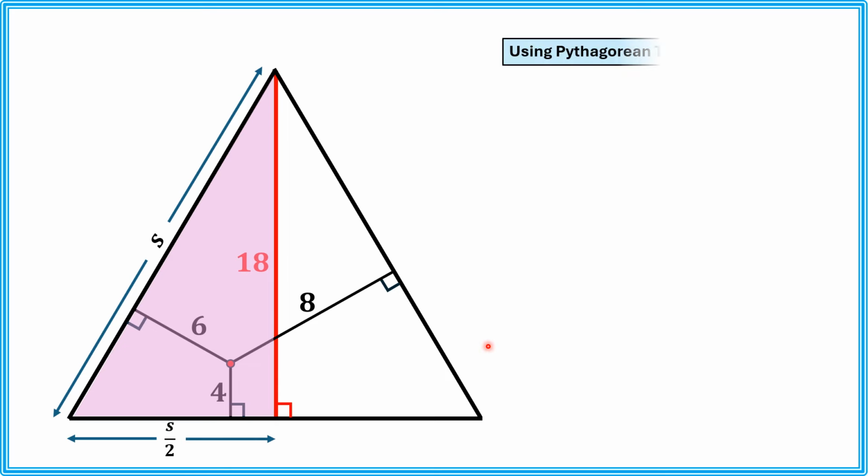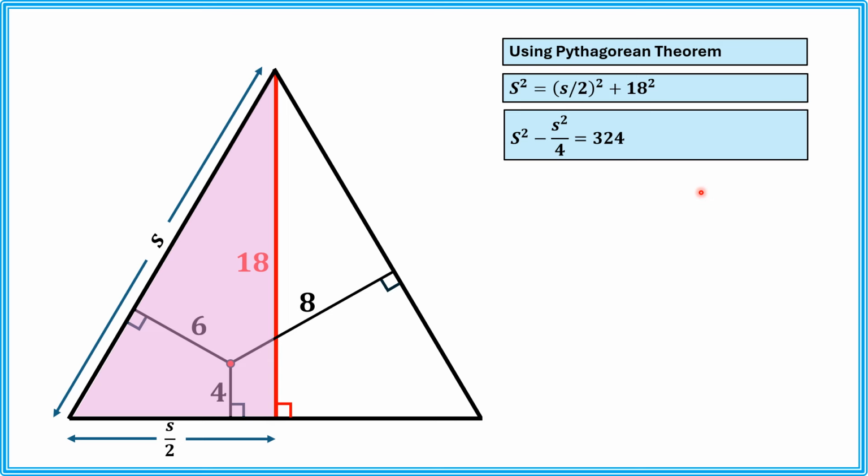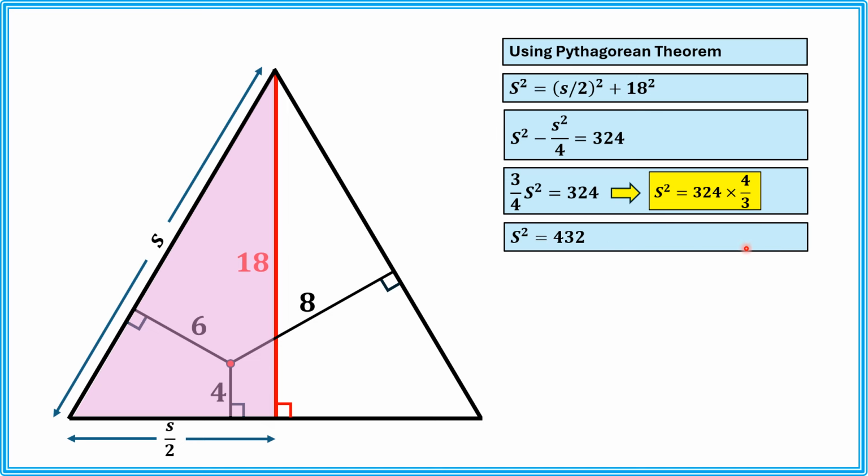So using the Pythagorean theorem, S squared will be (S by 2) squared plus 18 squared. S squared minus S squared over 4 is 324, and from here we have 3 by 4 S squared is equal to 324, and from here S squared is 324 multiplied by 4 over 3, which is equal to 432, and if we take the square root on both sides, S will be equal to 12 times square root of 3.